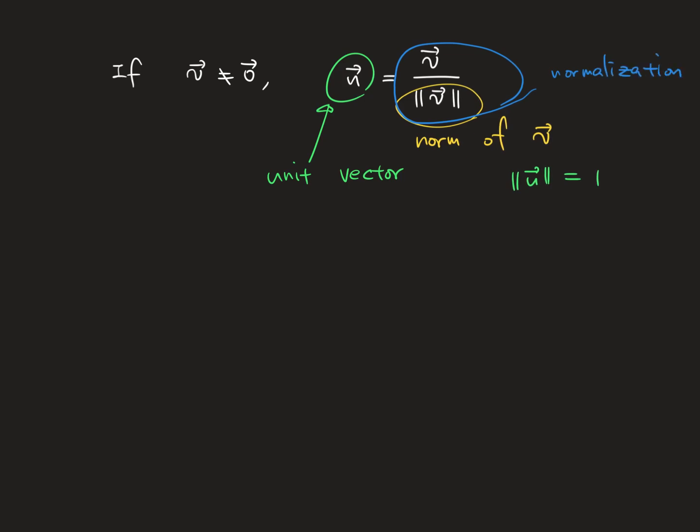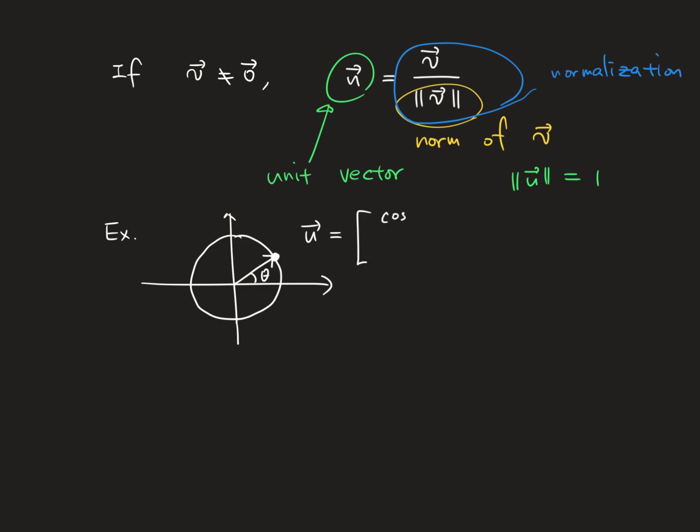Okay, and this is an example in the two-dimensional plane. There's a circle. The angle is theta, and there's a vector u. The u vector is cosine theta and sine theta. And we know that the norm of u is equal to 1.